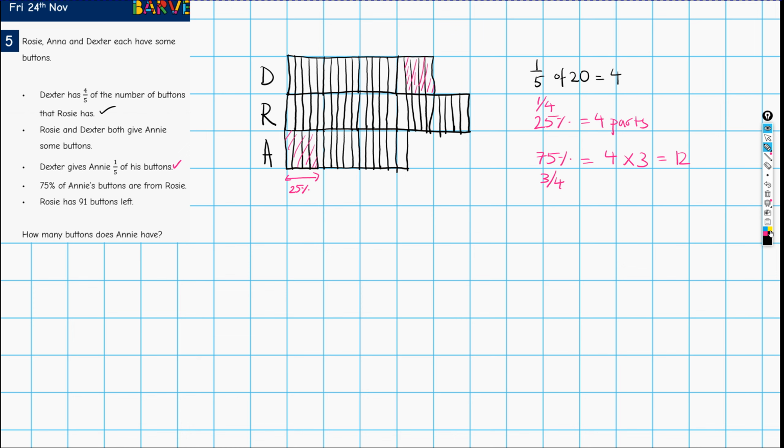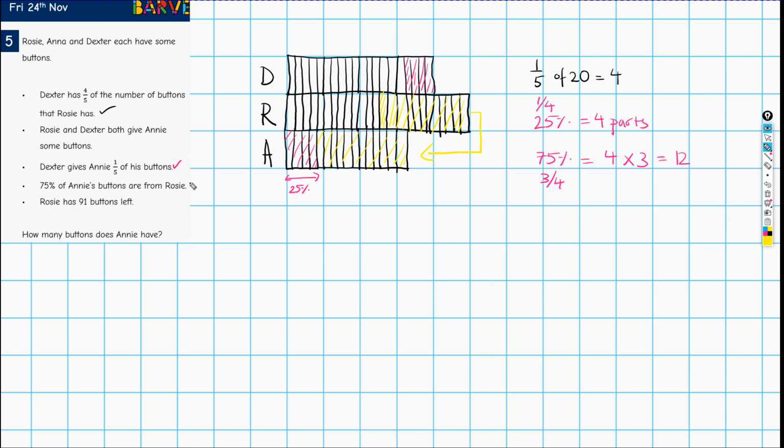So that is what Annie gets from Rosie. So let's shade them in here. So this is going to be 5, this is going to be 10, 11, and 12. So these are the buttons that, I'm sorry, the ones that Rosie gives to Annie.